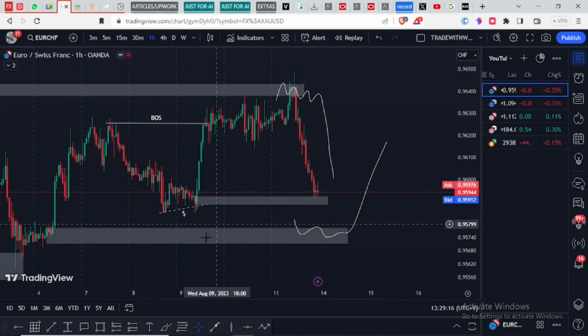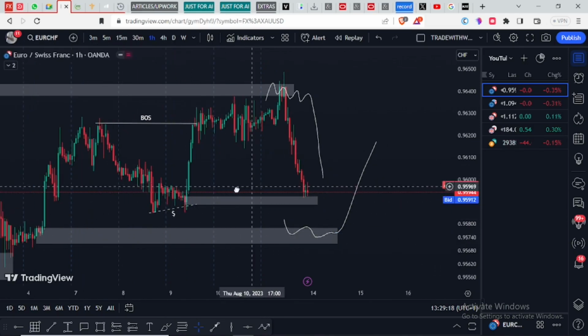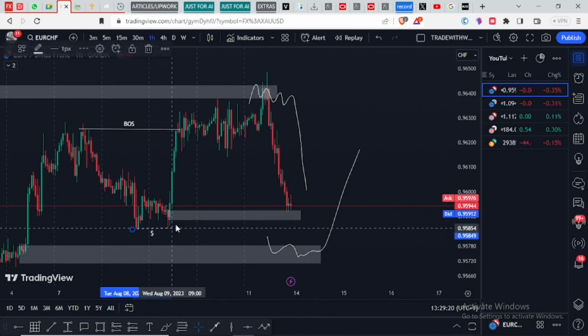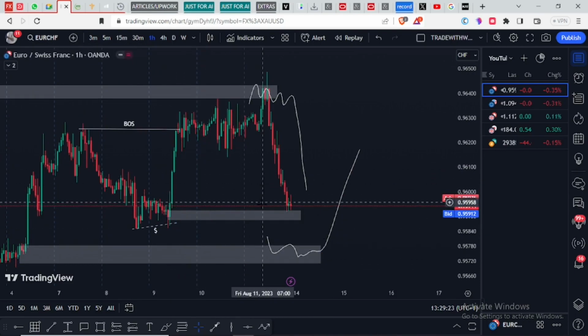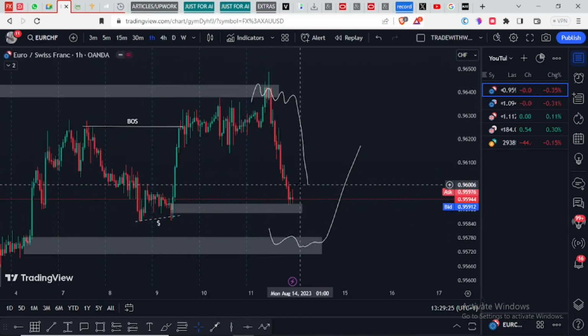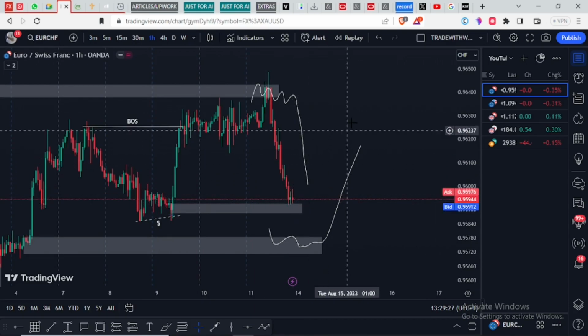But most of the time, price does not always grab liquidity. From my experience, once there's a demand zone like this, price often reacts from this demand zone and goes away.